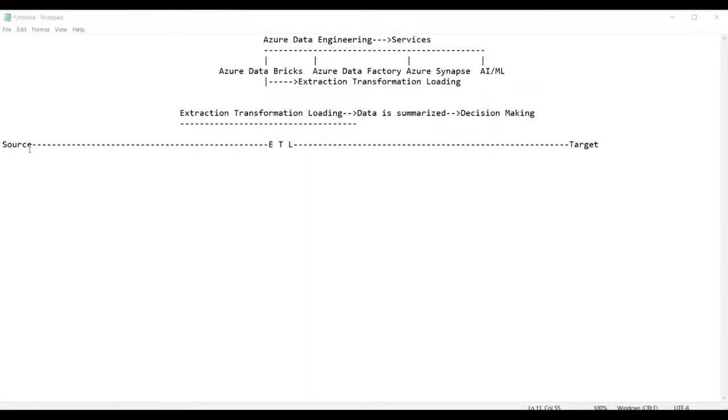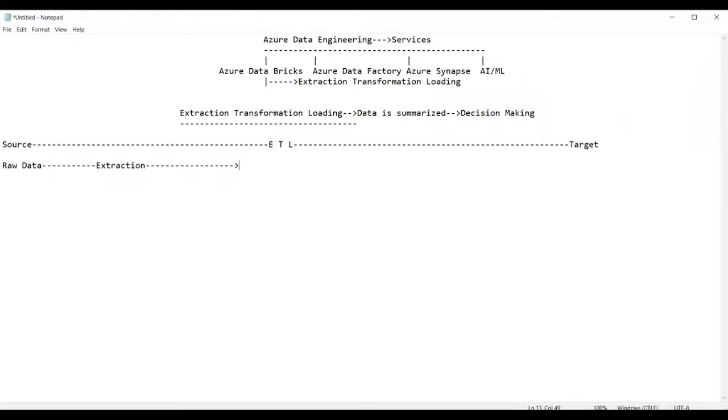So what is the source, and what is the target? Let us try to understand this, guys. Source is a place where we get the raw data. This raw data is extracted as per the requirement in the process of extraction, which means picking up the data.